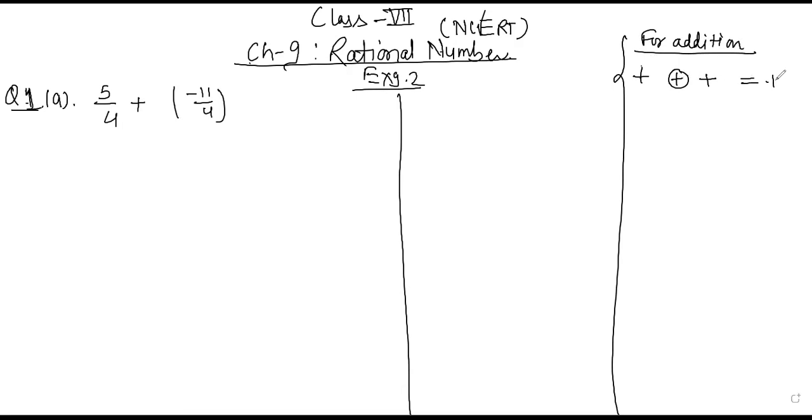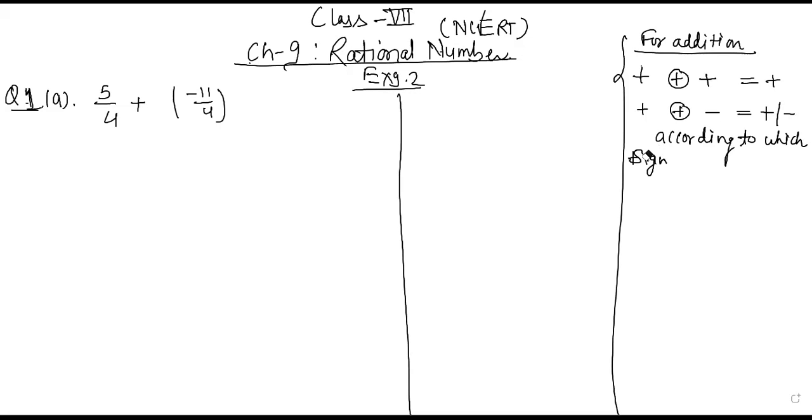So the answer will come in plus. If a plus sign is added with a negative sign, the answer will be plus or minus, according to which number is bigger.